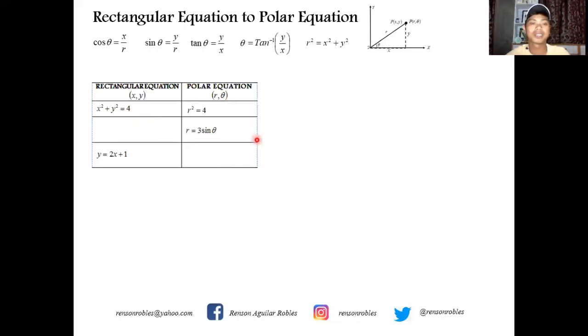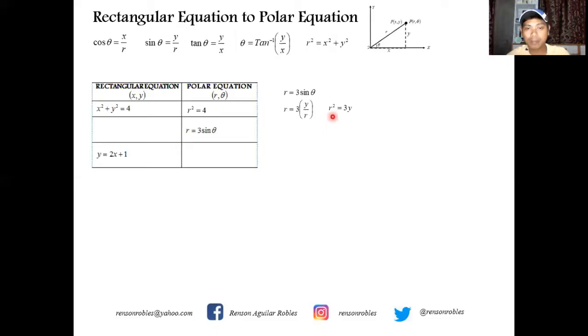Okay, next we have r equals 3 sine theta in polar form. We want to look for its rectangular equivalent. We first write r equals 3 sine theta, and we know that sine theta is y over r, so we replace sine theta here. So that's r equals 3 times y over r, and then we multiply both sides by r, so you have r squared equals 3y.